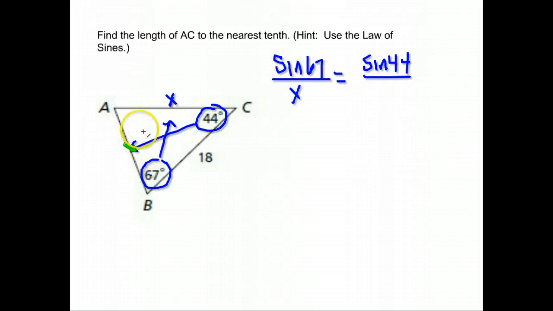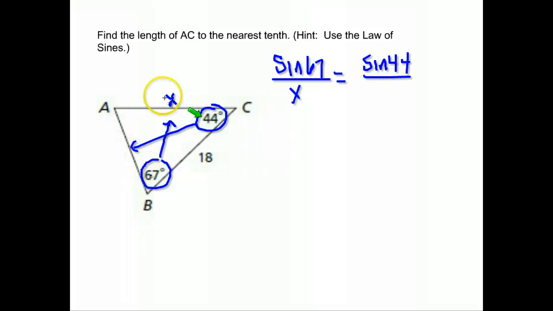Uh-oh, that didn't work. I don't know the length of that side. Okay, so when something like this happens, then you have to assess and go, what did I do wrong? Well, notice the side that they gave me. In order to use it, I would have to know this angle. Can I find that angle? Yes, I can. How?